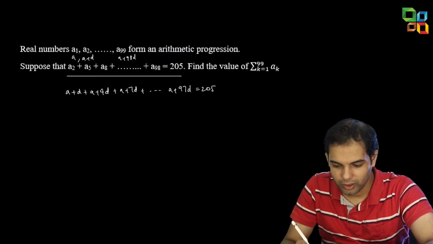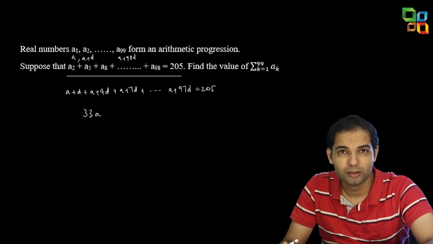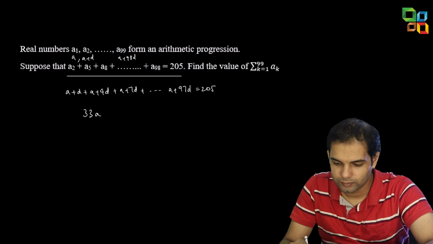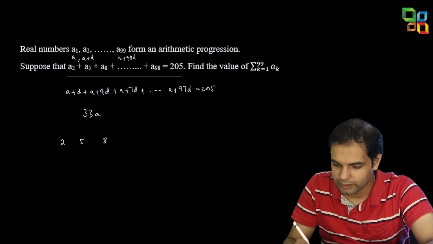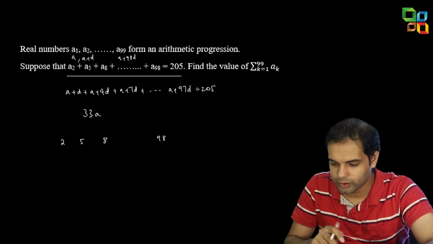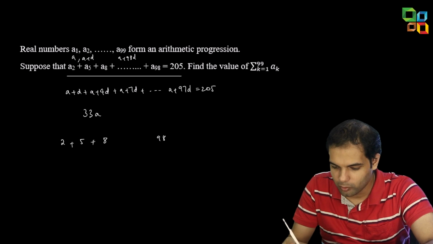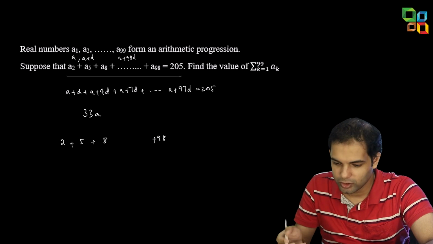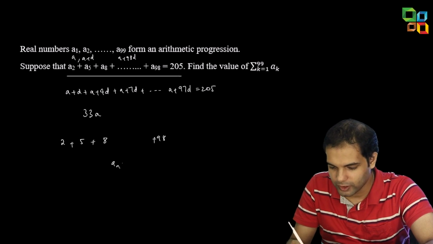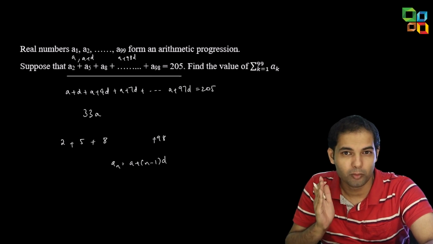Now the question is, how do I confirm there are 33 A's? So 2, 5, 8 all the way up to 98. I just want to know how many terms are there. This is an arithmetic progression. How many terms there are will tell me how many A's are there. So the nth term is 98, and the formula is an equals a plus n minus 1 into d. I want to know what n is.